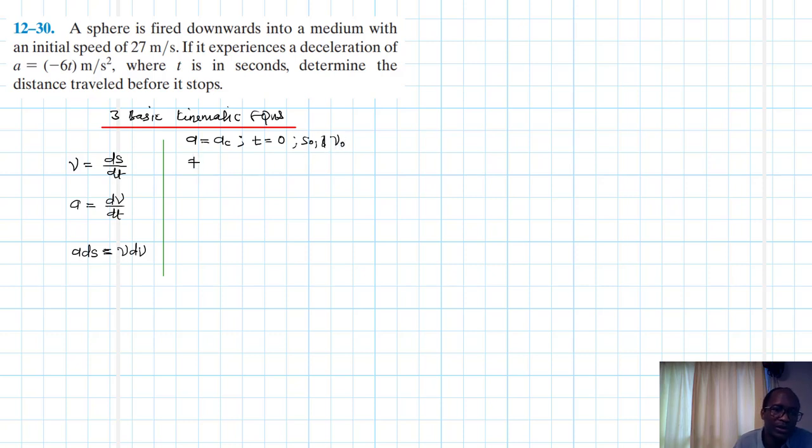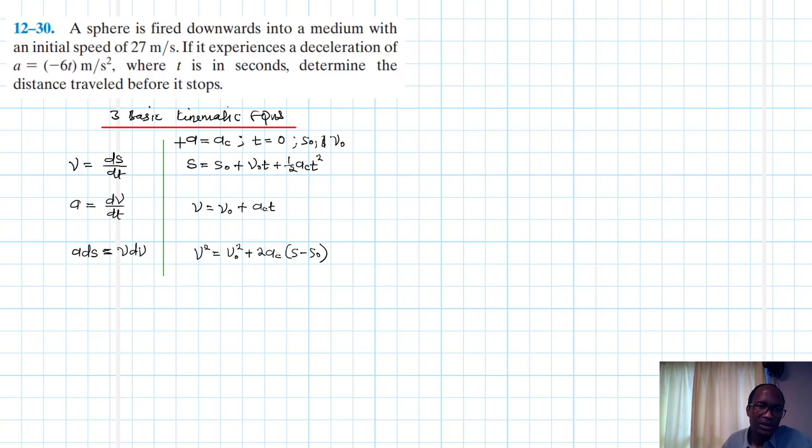The derived equations are s equal to s naught plus v naught times t plus half a_c times t squared; then v final equal to v naught plus a_c times t; and finally v final squared equal to v naught squared plus 2 a_c times (s minus s naught). Alright, having said this, let's get back to our problem.